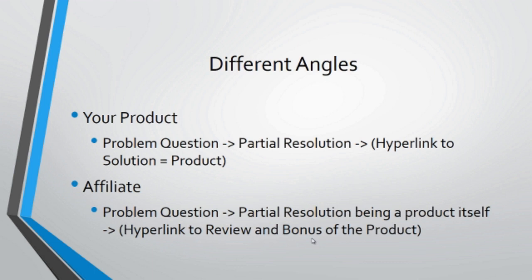Now, I will say off the bat, if you are promoting any type of niche aside from business or internet marketing or even technology, something that is a general niche like dogs, organic foods, stuff like that, typically you may not really need the bonus.